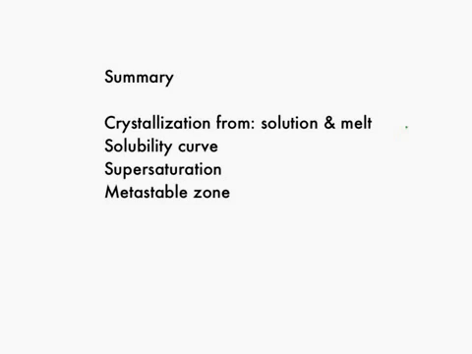So let's summarize what we have learned so far in this short lecture. We have seen that we can start a crystallization from a solution. The common example would be the crystallization of sugar from sugarcane or sugar beet, or we can also start a crystallization from milk, for example in the making of chocolate or margarine, from chocolate milk or from vegetable liquid oil.